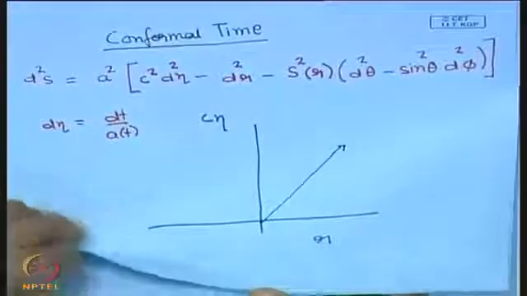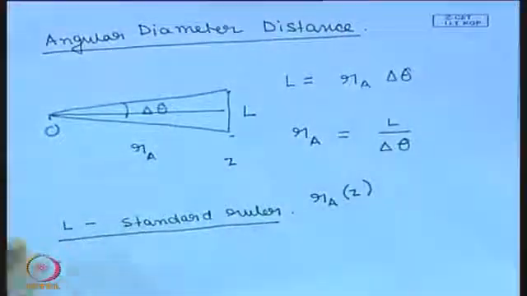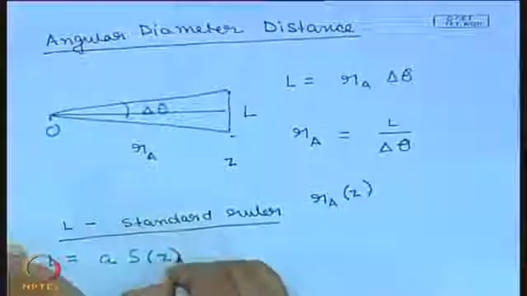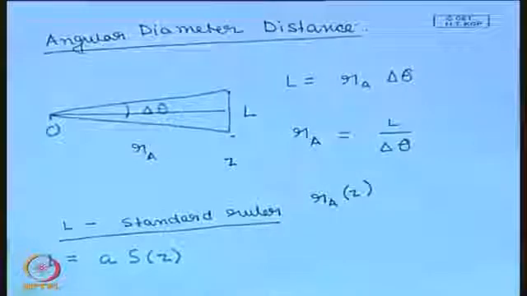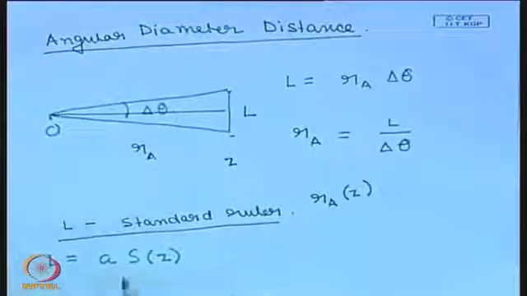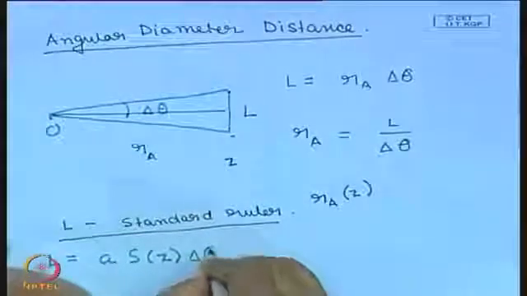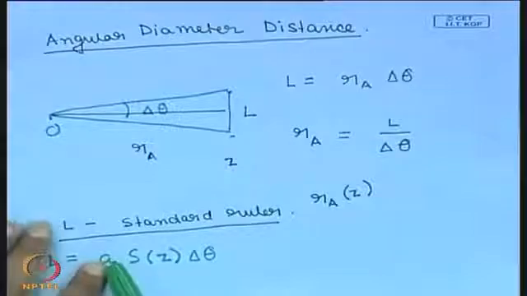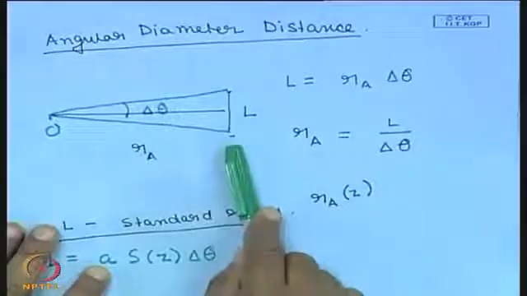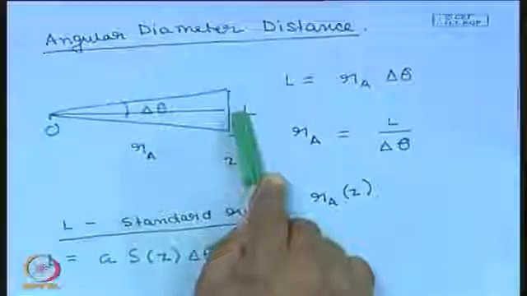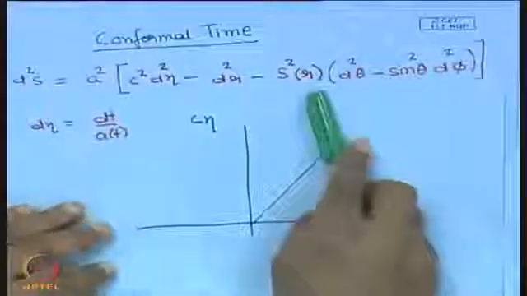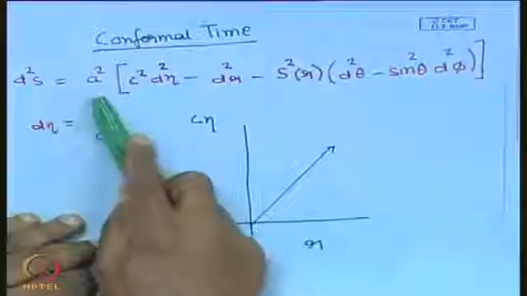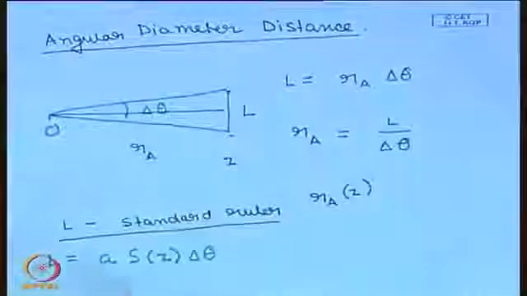So this L is a S of r, which I can write as S of z, because I can calculate r if I know z, and if I know r I can also calculate S. So I can write this as S of z into delta theta, and the scale factor is the value of the scale factor at the instant when the light was emitted, because delta theta into S into a is equal to the physical length of that object at the time when the light was emitted. So this should be a emitted.